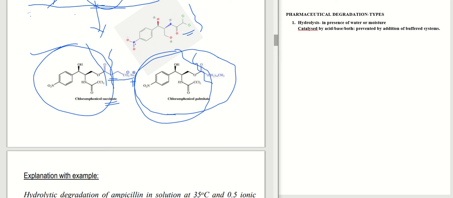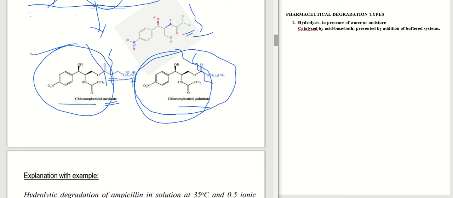Here we are modifying the molecule at the place where it is prone to degradative reaction. That is how we convert the pure form of chloramphenicol to chloramphenicol succinate or chloramphenicol palmitate. Mostly in pharmaceutical formulations, we consider chloramphenicol palmitate.